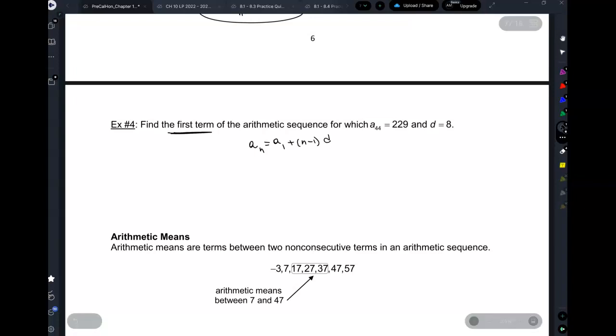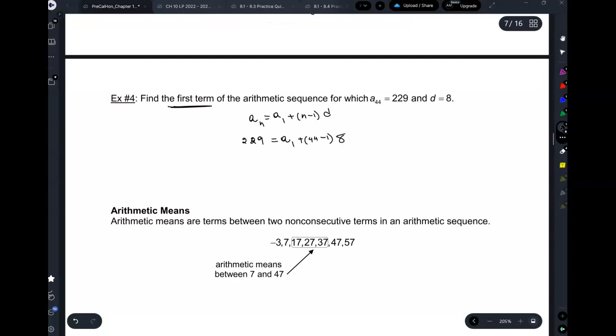Okay, so 229 is A sub 1 plus n minus 1, 44 minus 1, times 8. So 229 equals, how much is that?